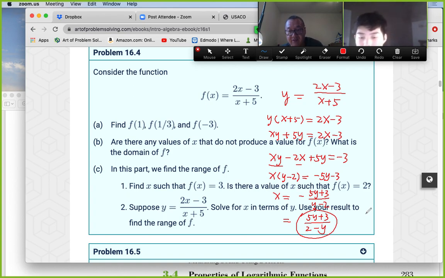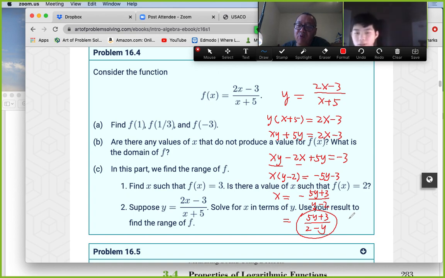So from this, they ask you to determine what is the domain. What is the range of this function? y cannot equal 2, right?